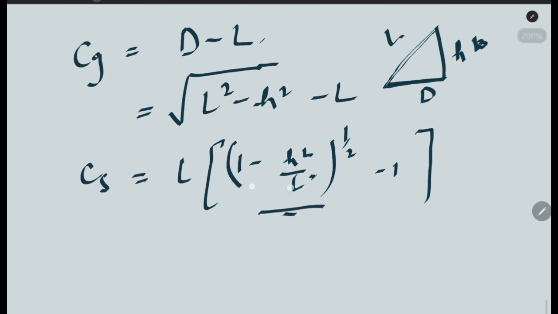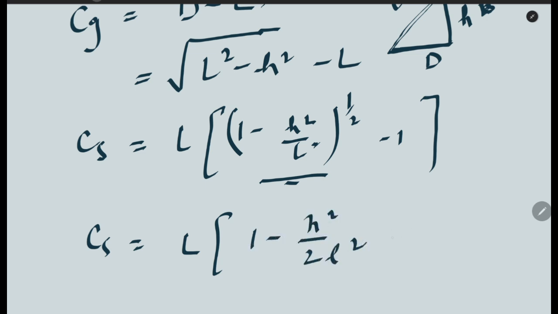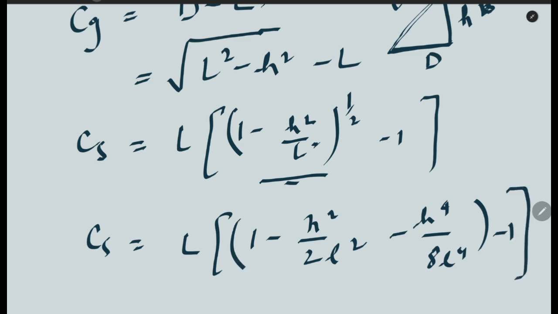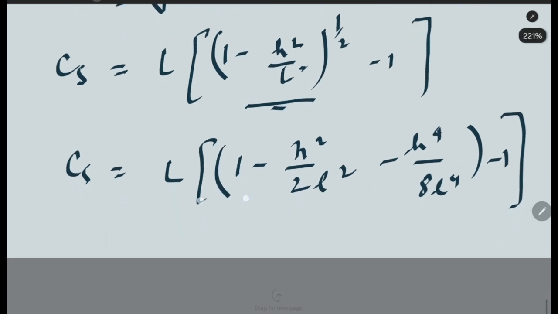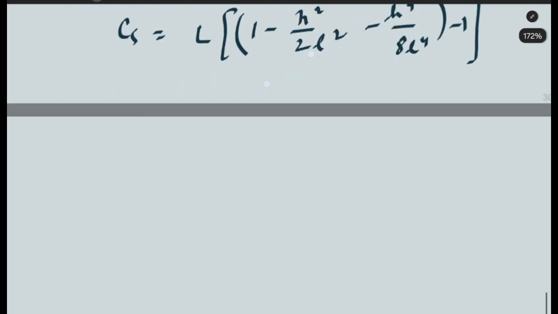Then by using the binomial, this C_S will become 1 minus h square by 2L square minus h to the power 4 by 8L to the power 4, and so on. You might know the concept of binomial from mathematics, as it's basic mathematics. If you don't understand this step, go through the binomial series, then you will understand it correctly.